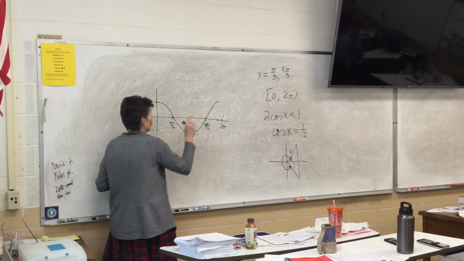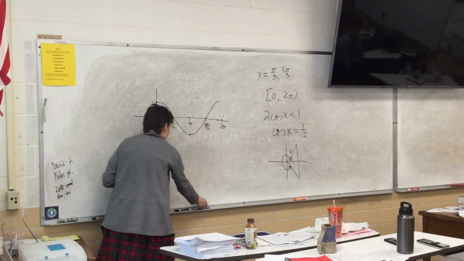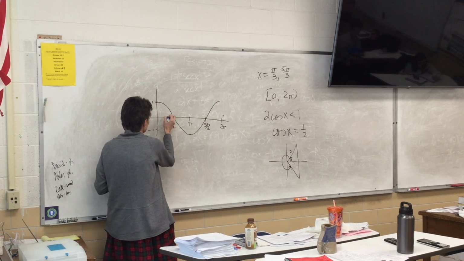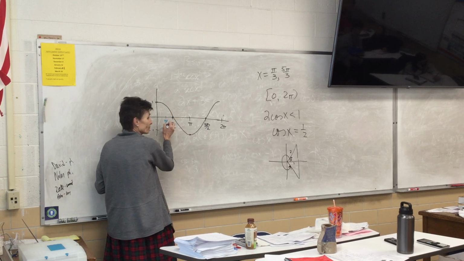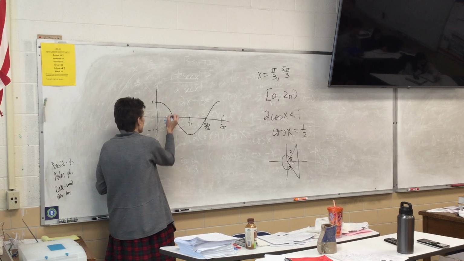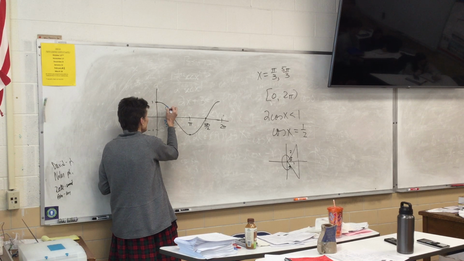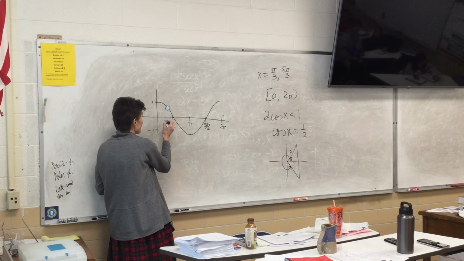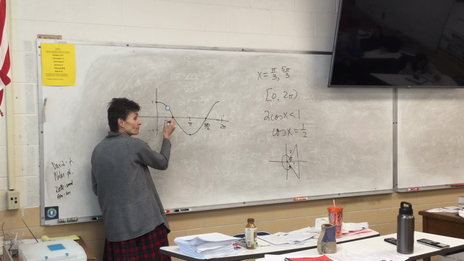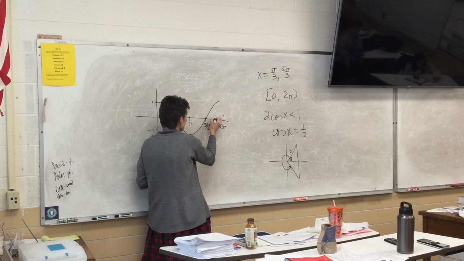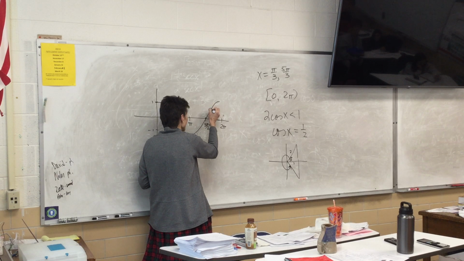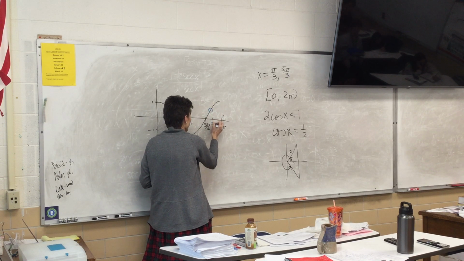Now, would you agree that pi over 3 is right here? So I'm going to put an open dot right there on my cosine curve at pi over 3. And then I'm going to come over here and put another open dot at 5 pi over 3.